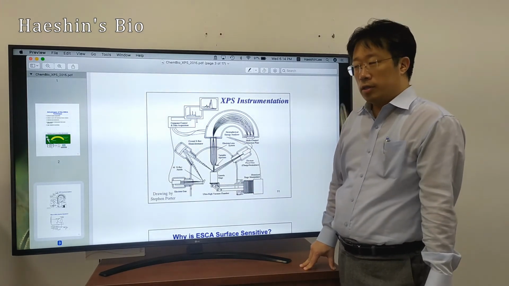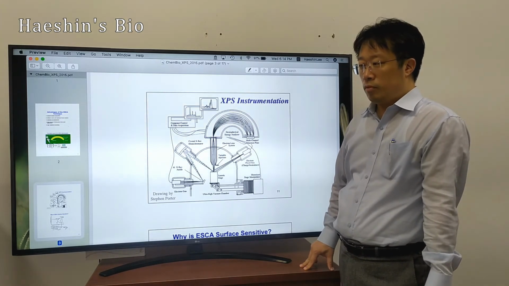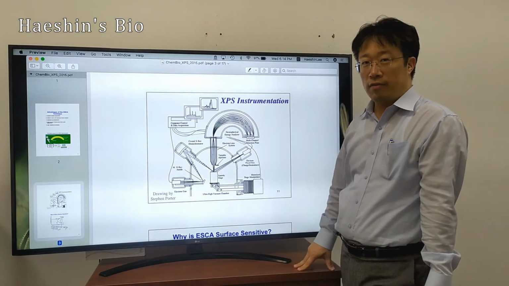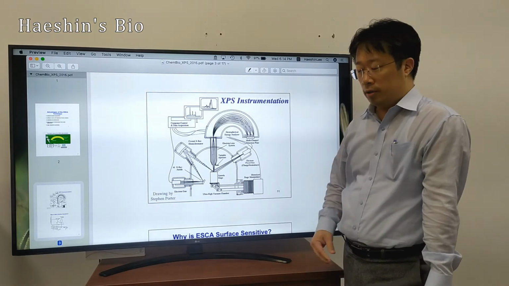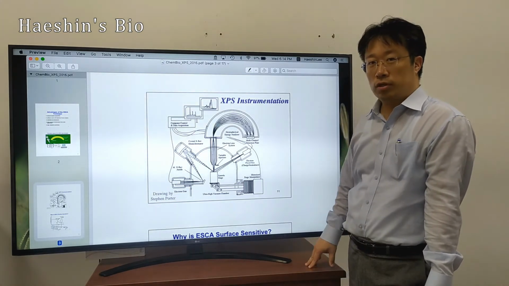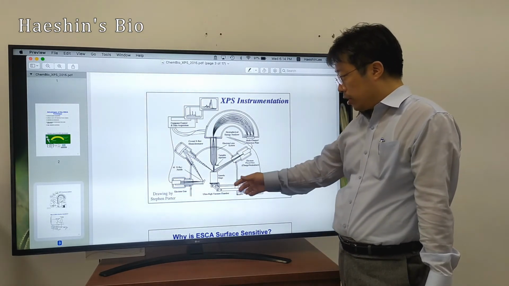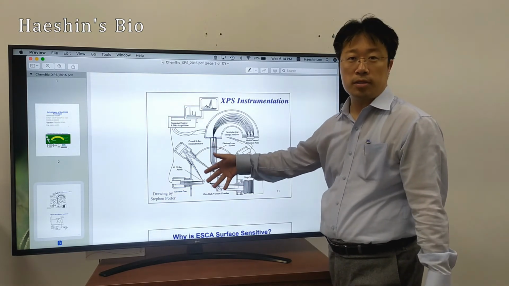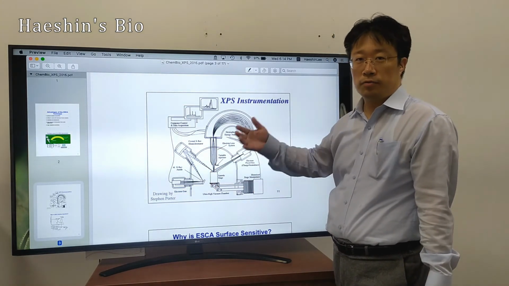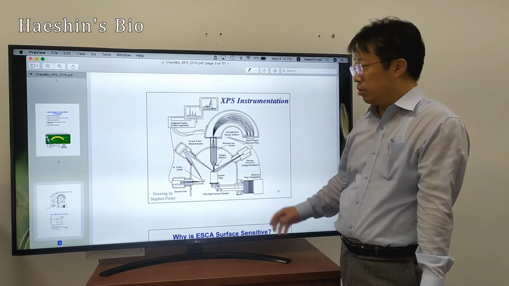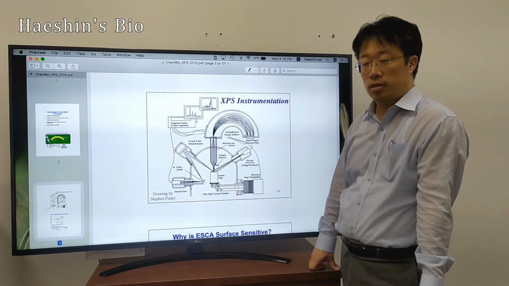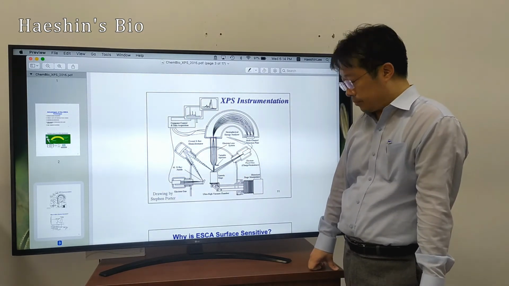The vacuum level is typically 10 to the minus 11 torr, which is a very, very low ultra-high vacuum level. That's why it takes some time to stabilize the system before the analysis by the XPS technique.